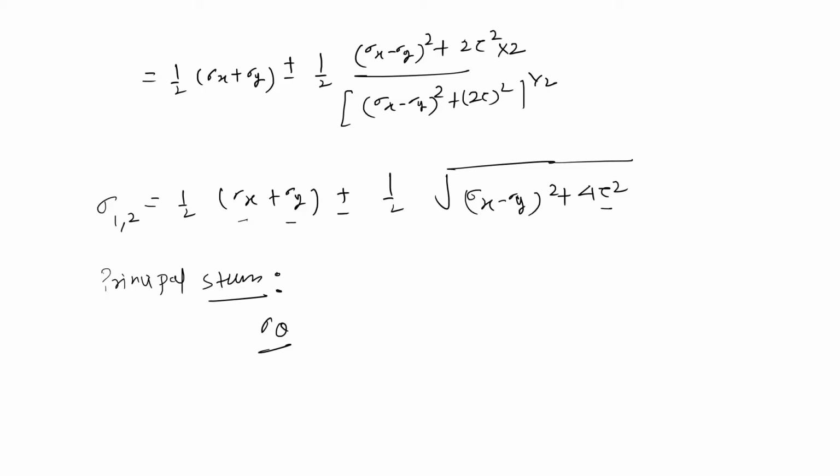If we put the value of theta in that formula, we get one value of sigma 1 or sigma 2, so we can identify the plane associated with the major principal stress and minor principal stress. So to find which of the two angles corresponds to the major principal stress, we use the sigma theta formula, and we can put in the value of theta to find the plane associated with a particular stress.